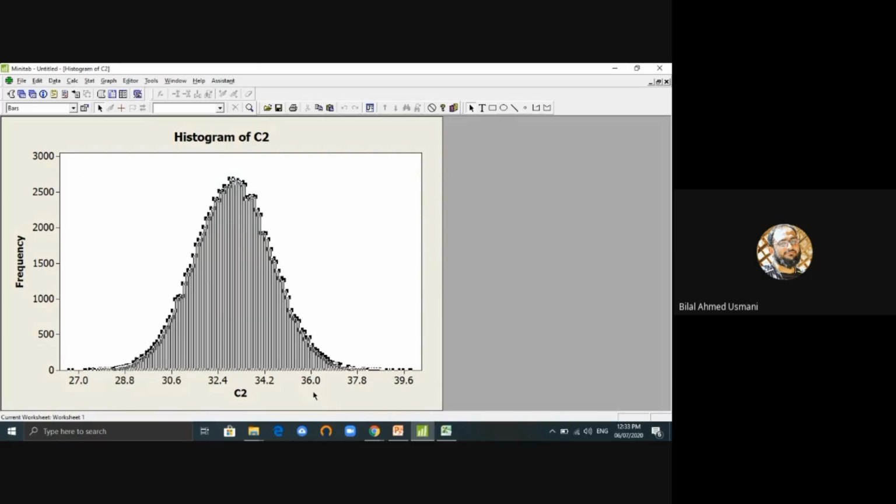And 33, 34, 35, 36, 37.5. 37.5 would come somewhere over here. Between 28.5 and 37.5, you will find almost 99.5% of the total data. So is this evident from this graph? Yes, sir. Thank you very much.